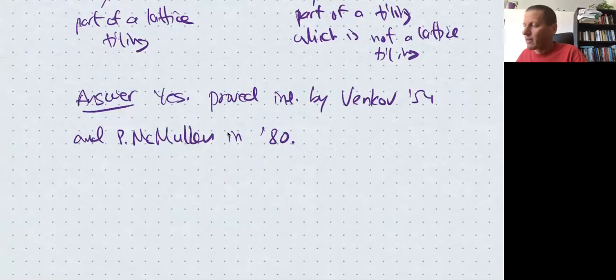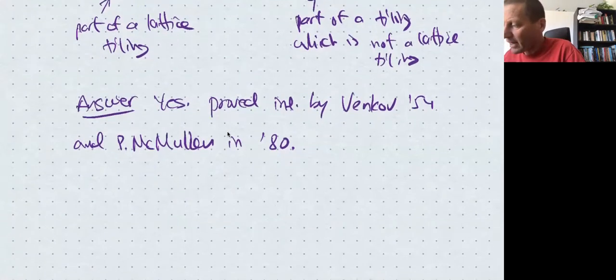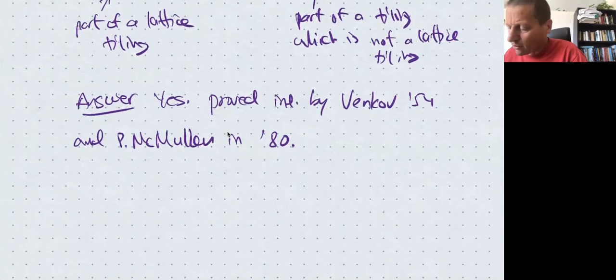And a question that was left unsolved in this paper, and sort of is the main question in this field, is the so-called Voronoi conjecture.